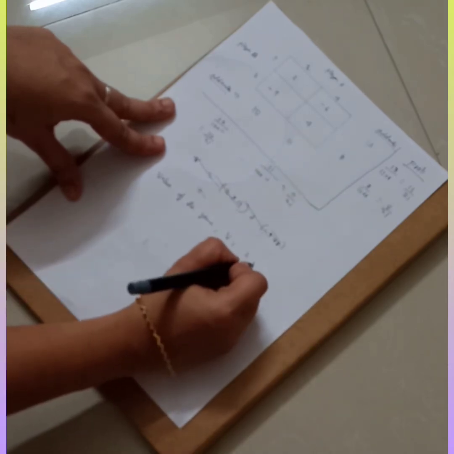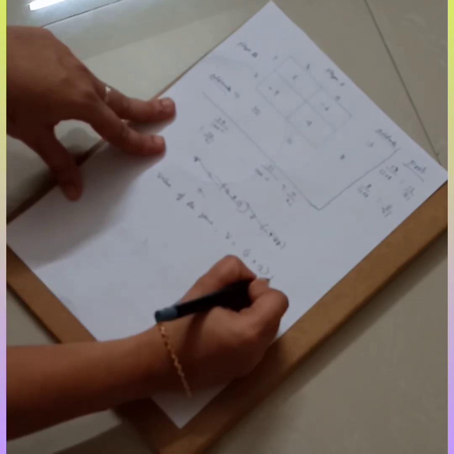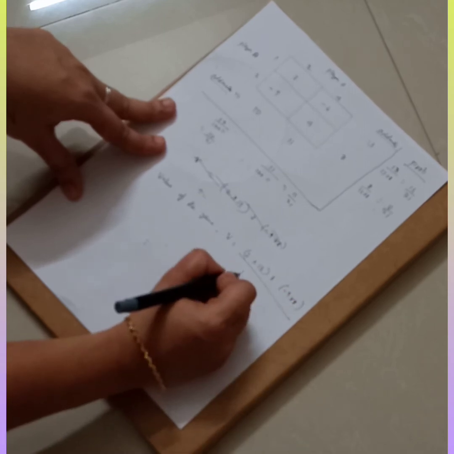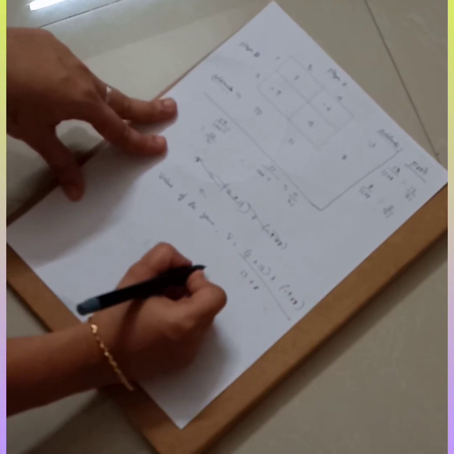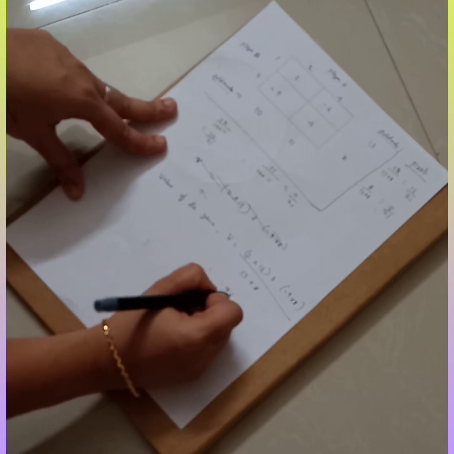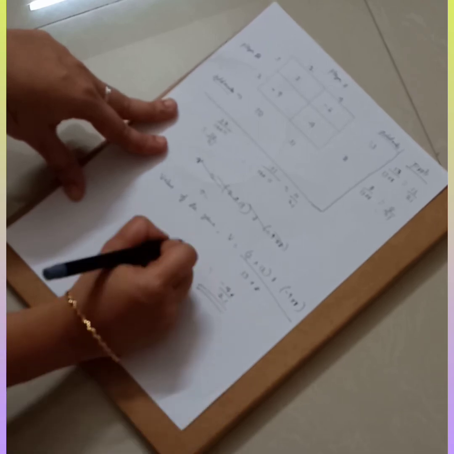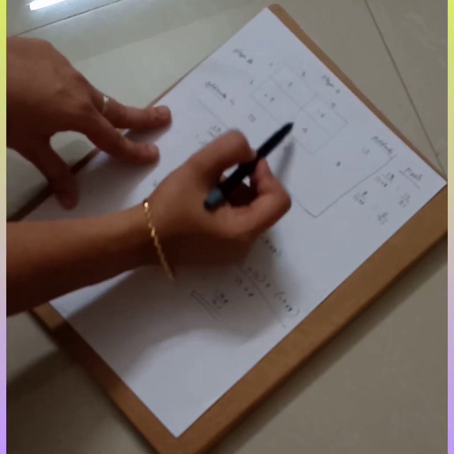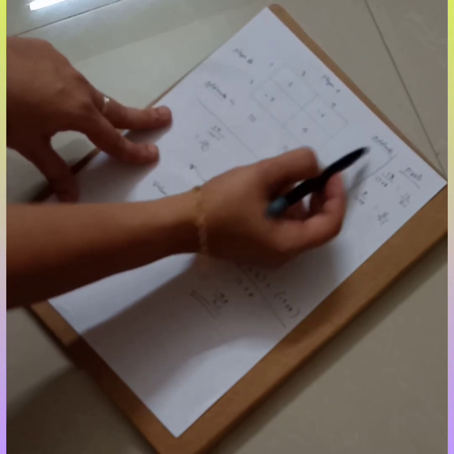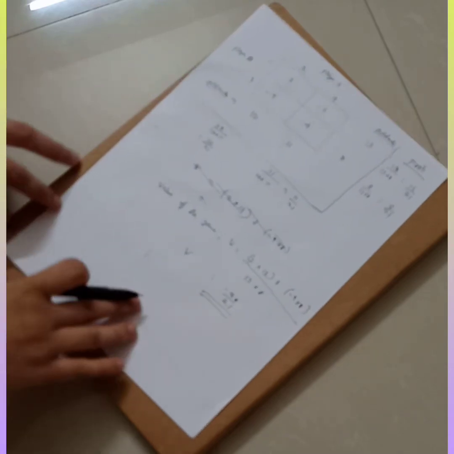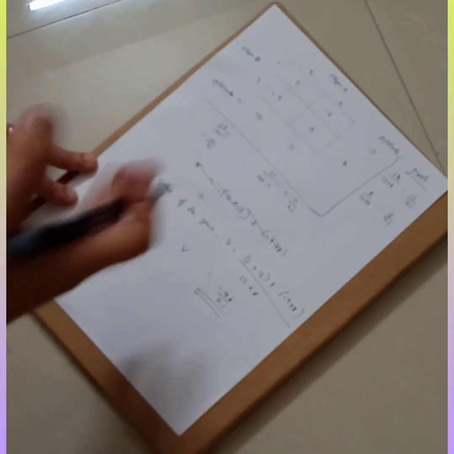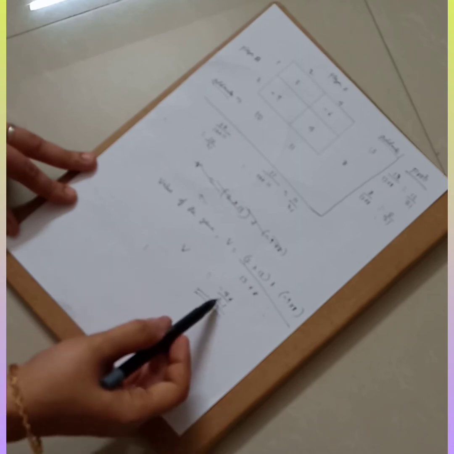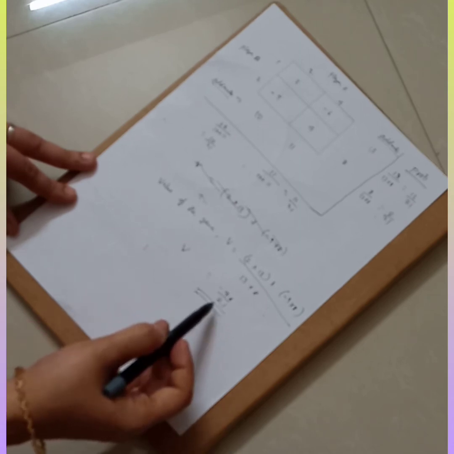So you will get minus 46 by 21 as the value of the game. You can do it the other way also, minus 6 into 13 plus 4 into 8 divided by 13 plus 8. Out of any of these methods you can choose any one according to your convenience. Now you have the value of the game as minus 46 by 21.